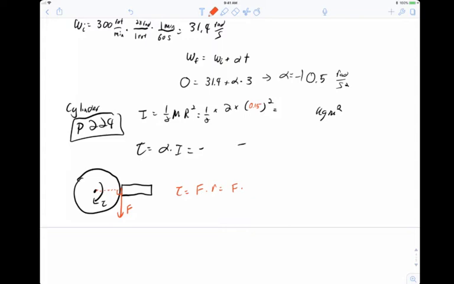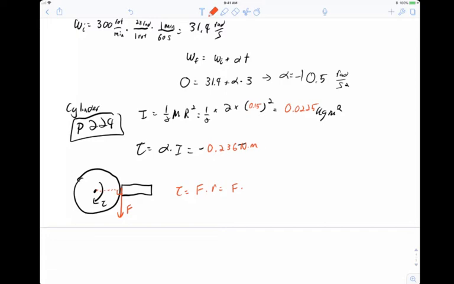Pardon me. 0.0225. And then the torque is going to be that times 10.5, minus 0.236 Newton meters.